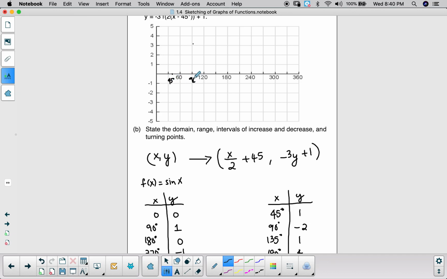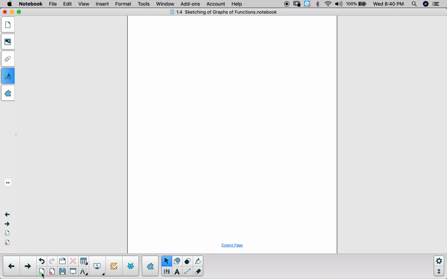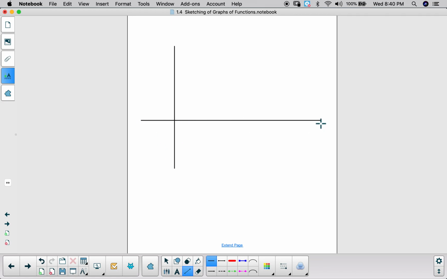This is our 90 degrees. But actually, let's do it in a different way. If we graphed it differently, we made the scale so that they actually go up by 45 degrees instead of this. So I'm going to do it on a different page and graph it so that its scale is different. Because now you can see that the x values are going up by 45 degrees, and so we're going to do that on this graph.